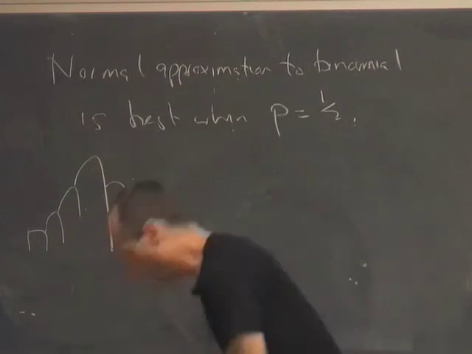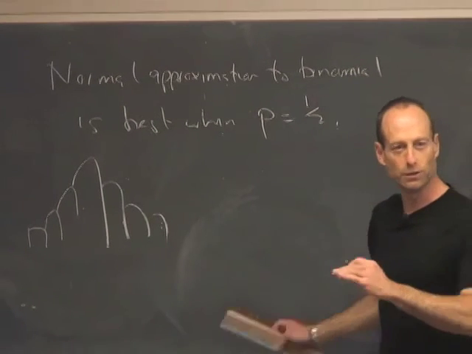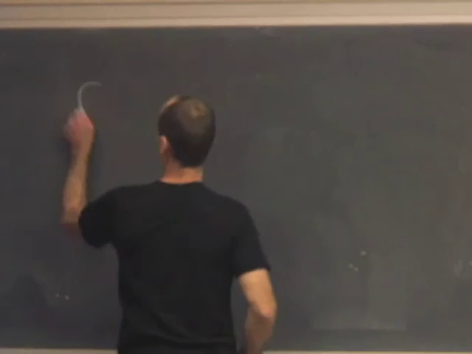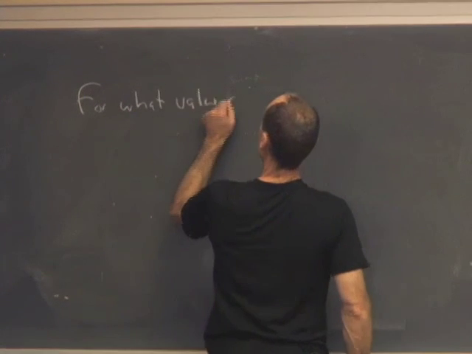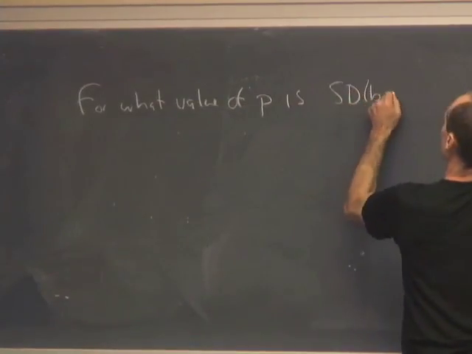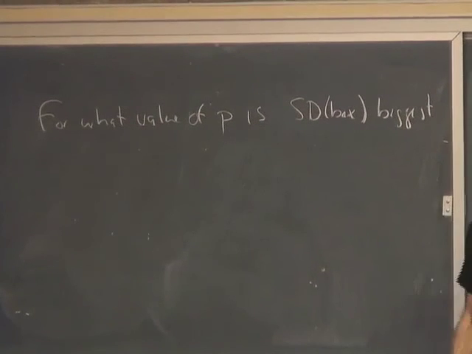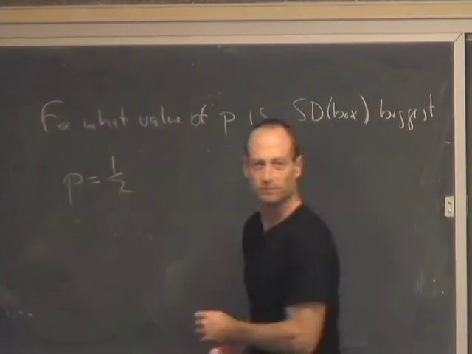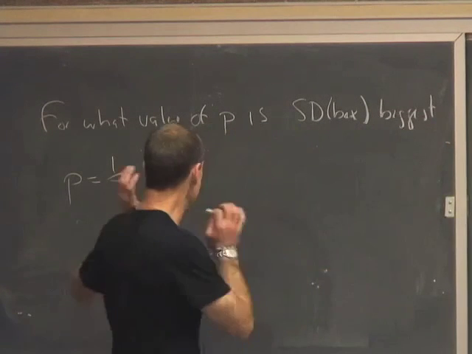That's true, but it's irrelevant for this particular thing that we're talking about. What we're talking about is for what value of p is the SD of the box biggest. And it turns out that that answer is p equal to a half. So it's this thing that we're using here.